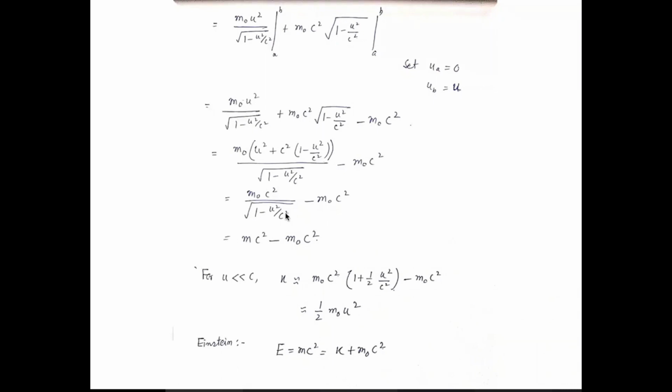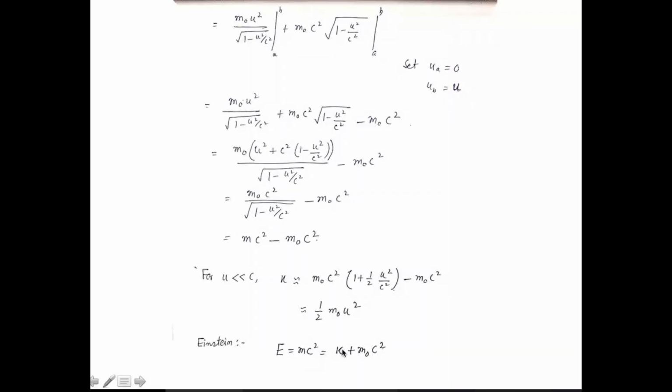Okay. So Einstein now jumped into this and gave the very bold interpretation. He said that the total energy of the system is given as this mc square, which can be written down in terms of this kinetic energy, that is the work done on particle.